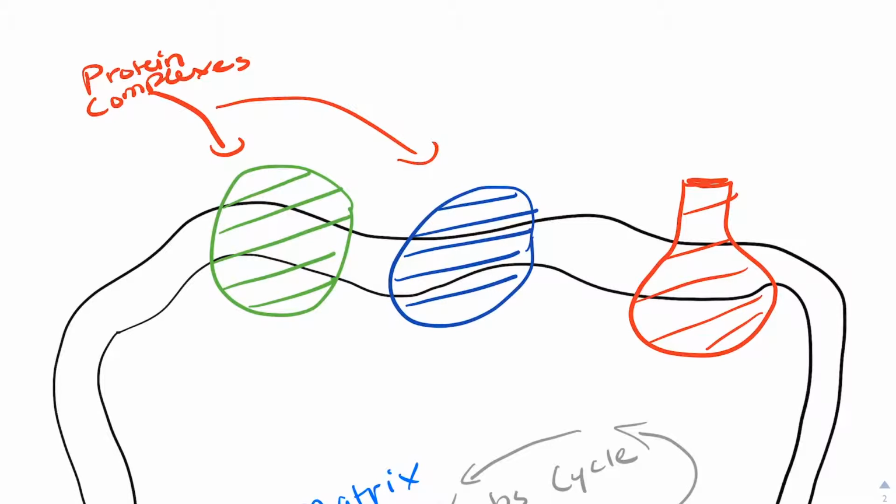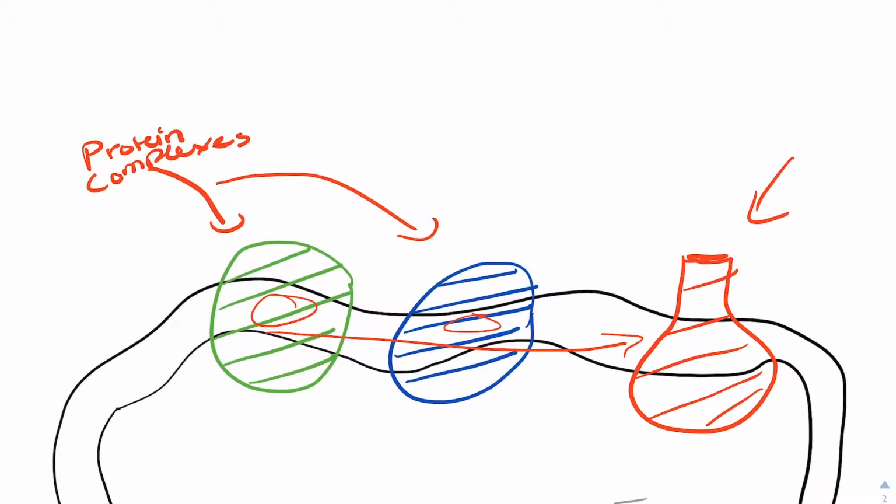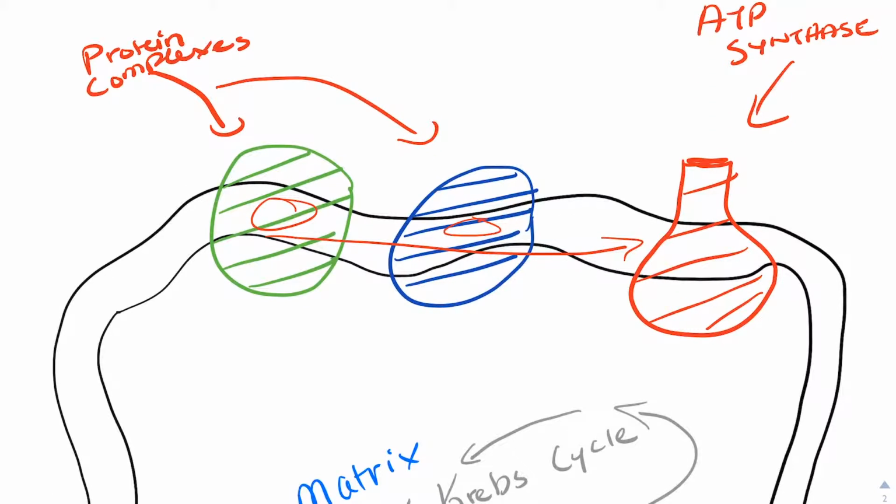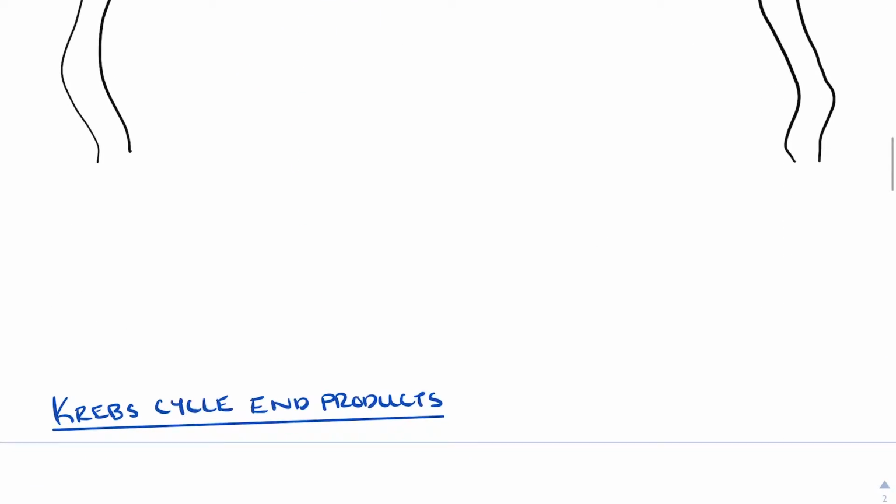So when electrons come into these protein complexes, right here or right here, it can carry them down this way toward this thing called ATP synthase. So this will be relevant in a little bit, but what I want to tell you is that the Krebs cycle is vital. Let's get into that.